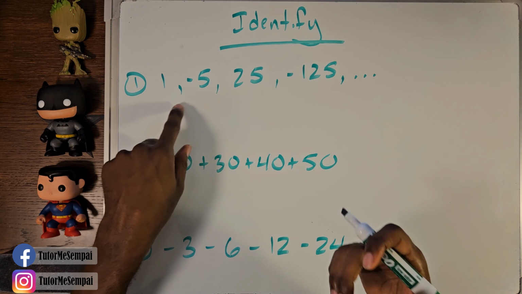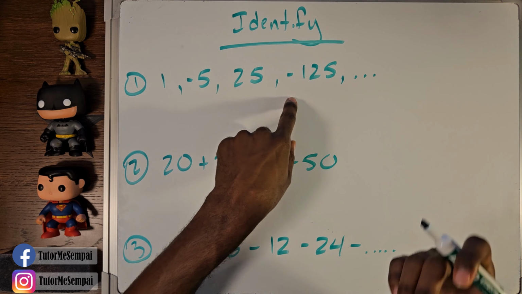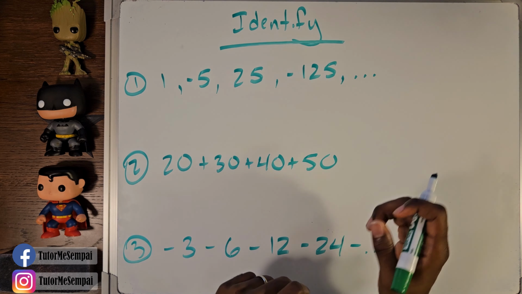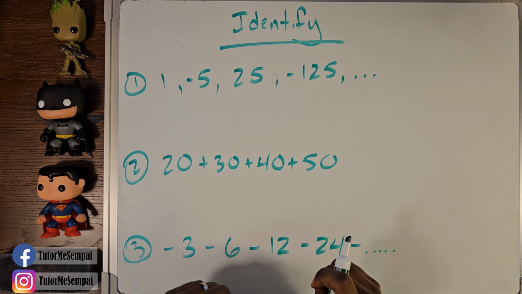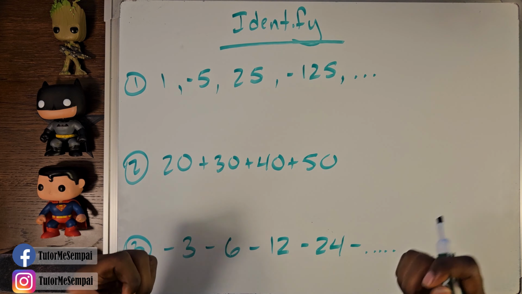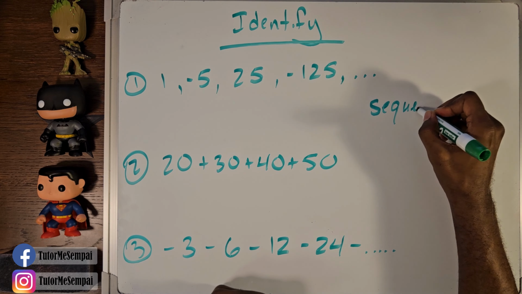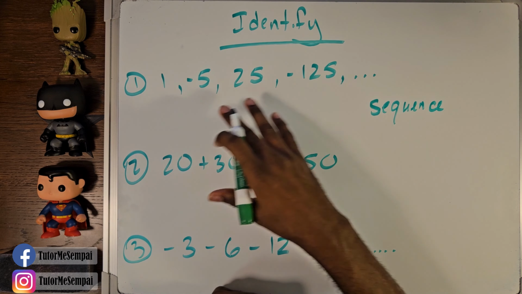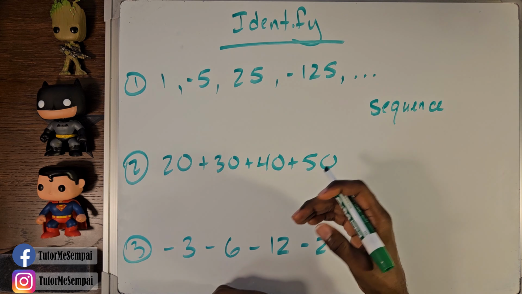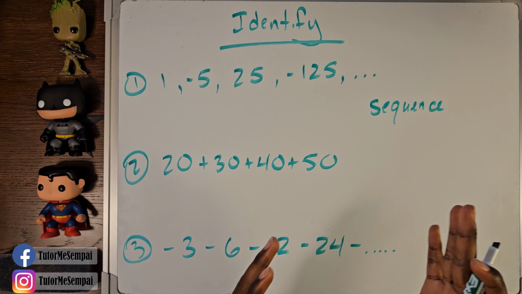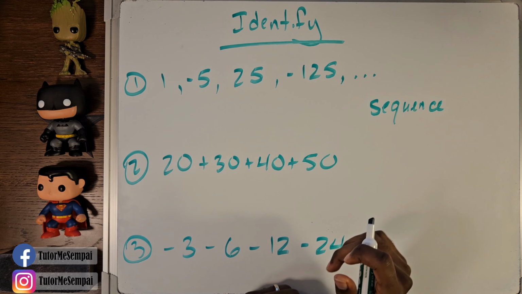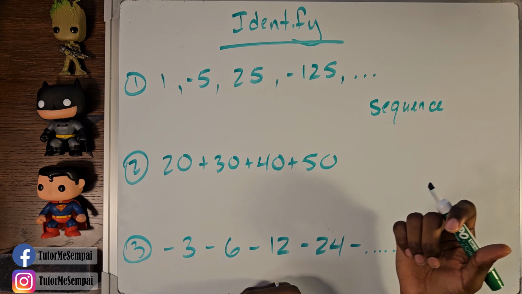We have 1, -5, 25, and -125, and it seems like it keeps going. What is this? Is it a series? Is it a sequence? Let's start there. Well, this is going to be a sequence. We're not adding anything. We're listing the numbers. Remember, your sequence is going to be a list of numbers. So this is a sequence. Is it geometric or arithmetic?